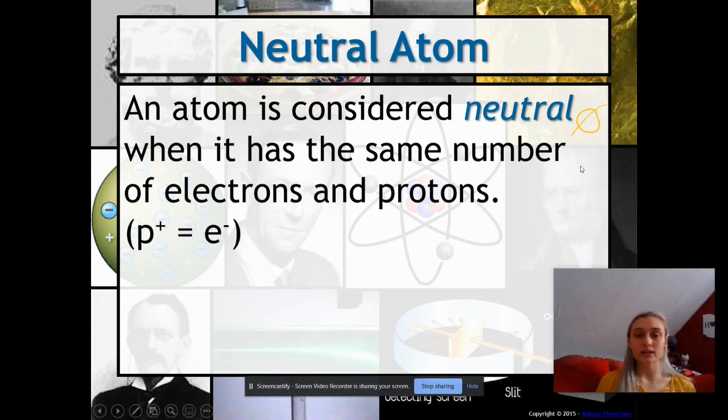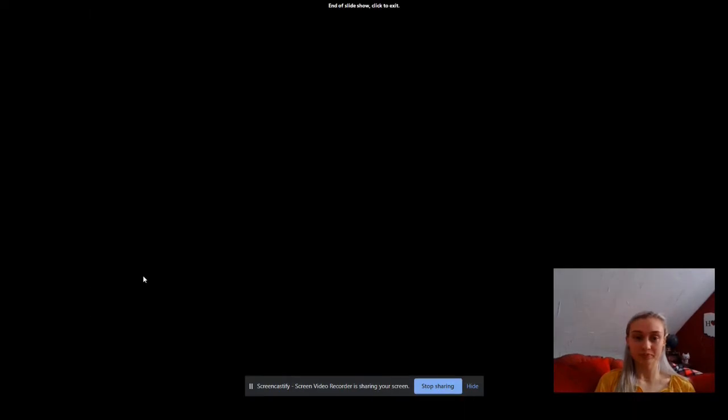And so when an atom is neutral or 0, that means the number of positive protons has to equal the number of negative electrons, okay? So for example, in oxygen, because it's my favorite example apparently, you have 8 protons, and if you have a neutral atom, you need 8 electrons to make that neutral, okay?